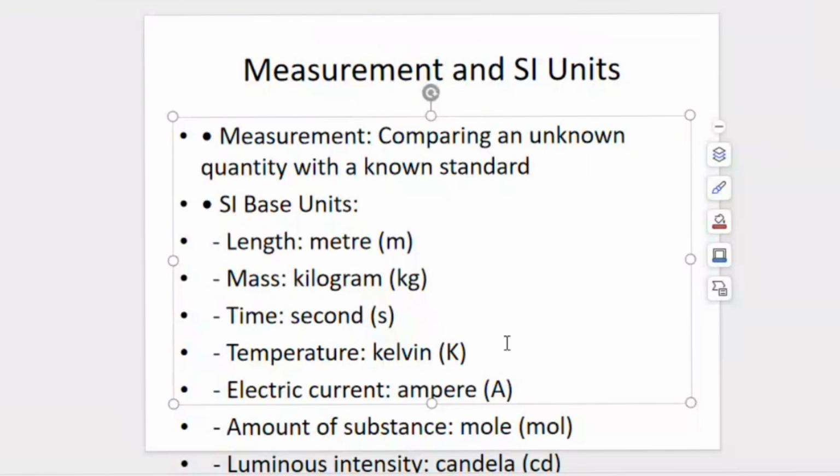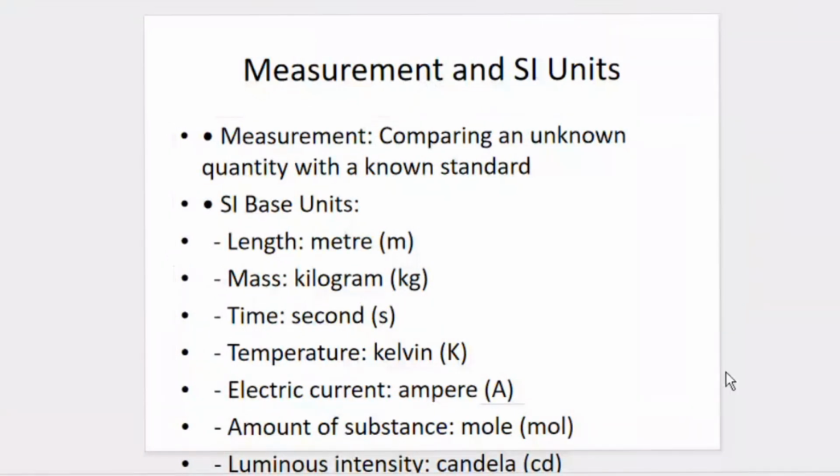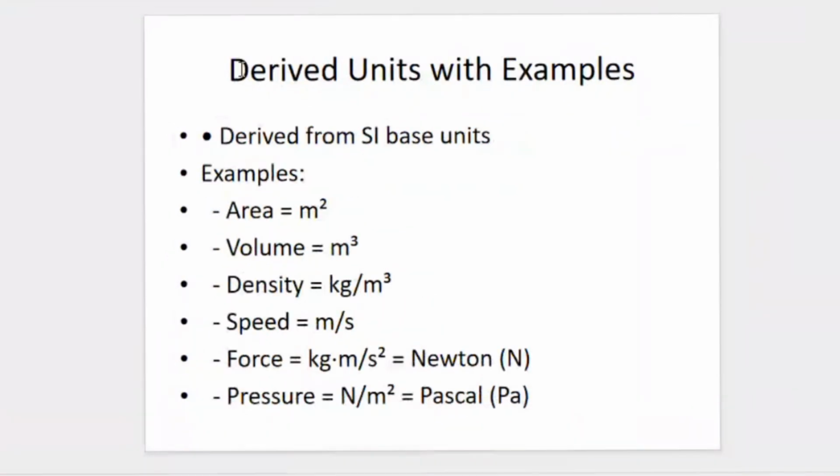So moving on, we'll be going to our next slide, which is talking about derived units. In physics, they call these derived units derived quantities. So they are actually similar. If you were learning physics, you would be taught fundamental quantities and derived quantities. I'm sure most of us here are familiar with those terms.